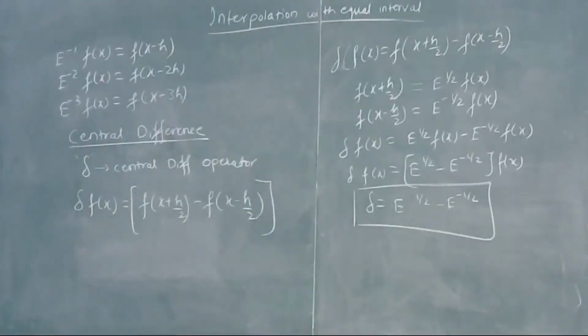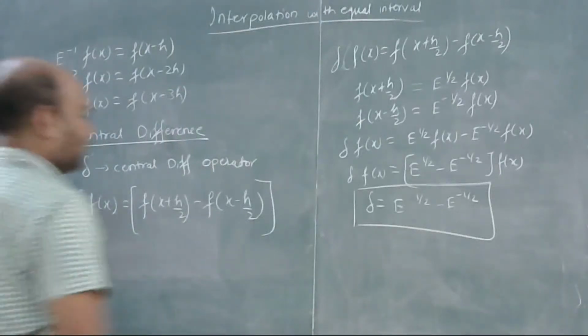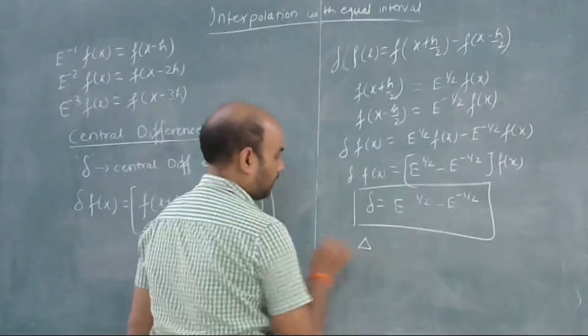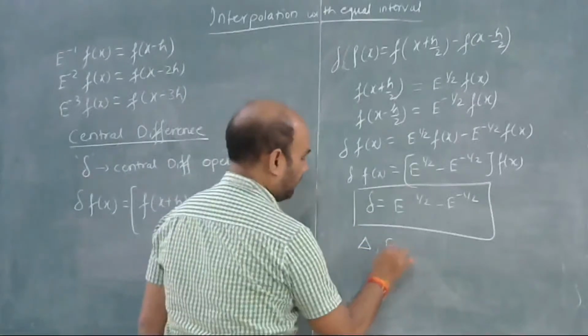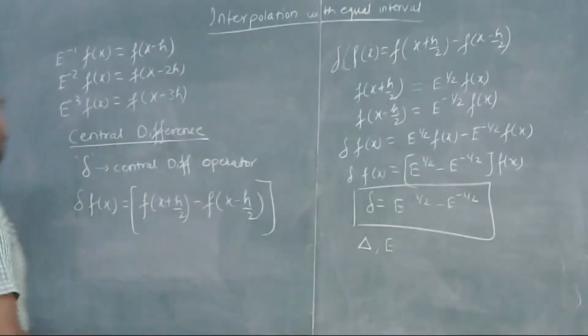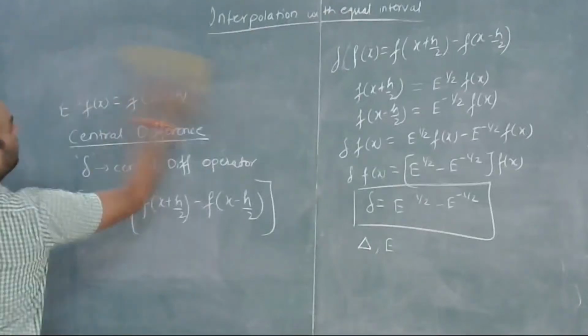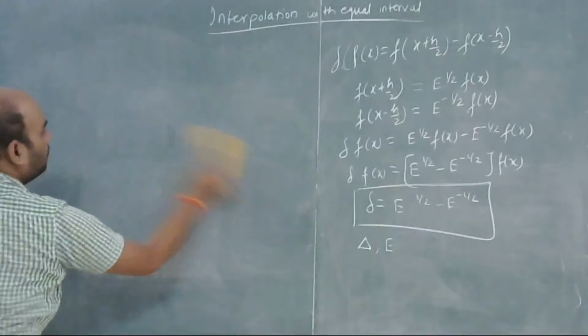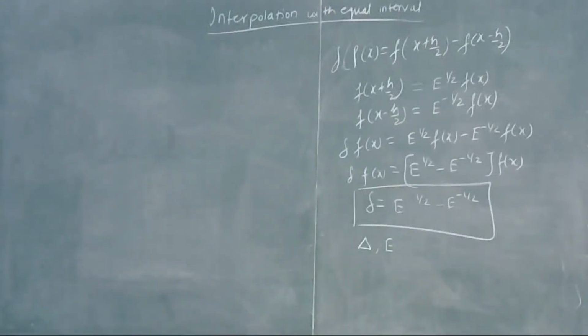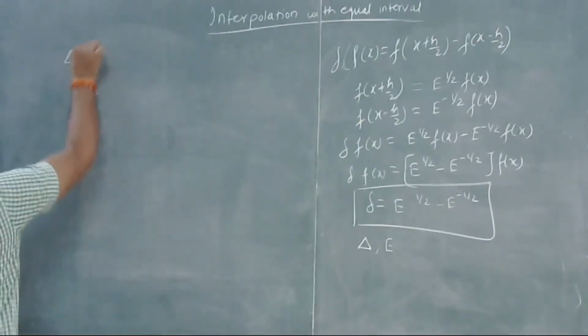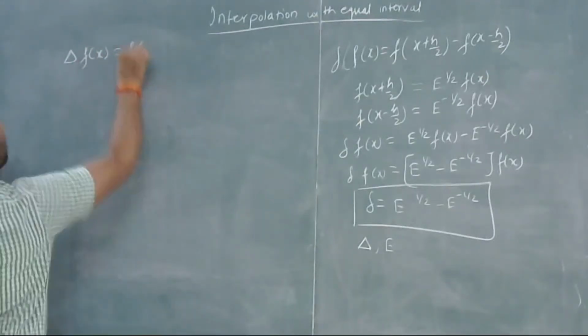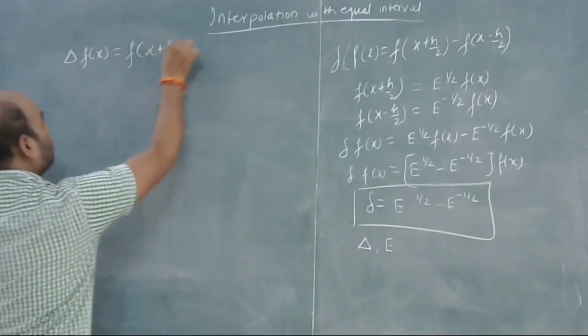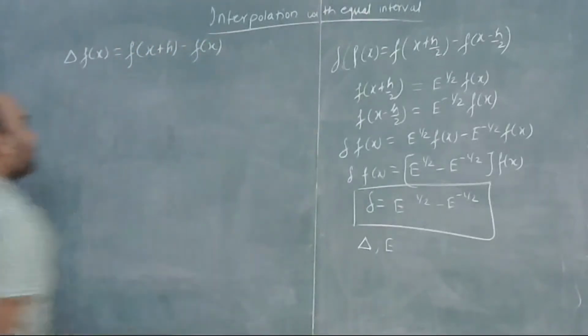Now we can write the relationship between the forward operator and E also. So the relationship between delta and E. What is delta f of x? It is f of x plus h minus f of x.